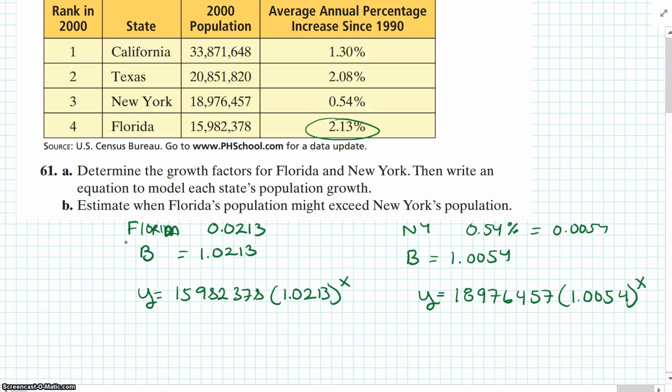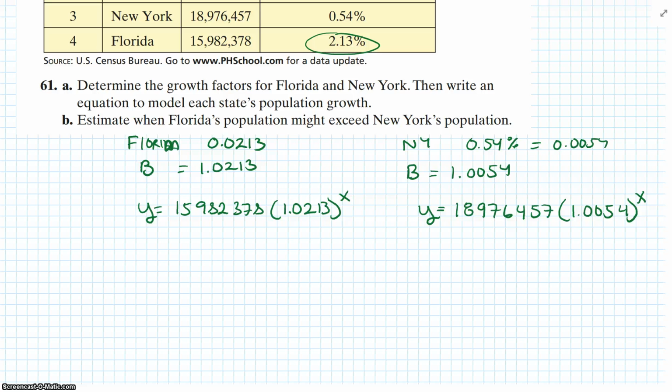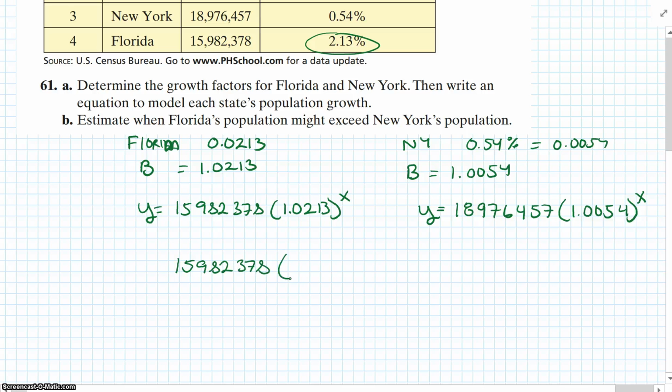So that's A. B, estimate when Florida's population might exceed New York's population. So for that to happen, they first have to become equal. So we can just set them equal to each other. 15,982,378 times 1.0213 to the x equals 18,976,457 times 1.0054 to the x.